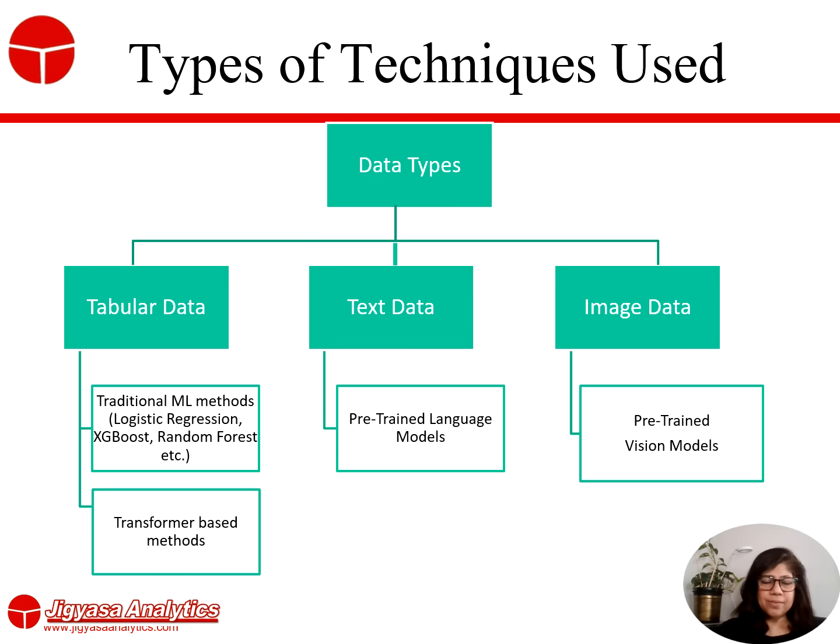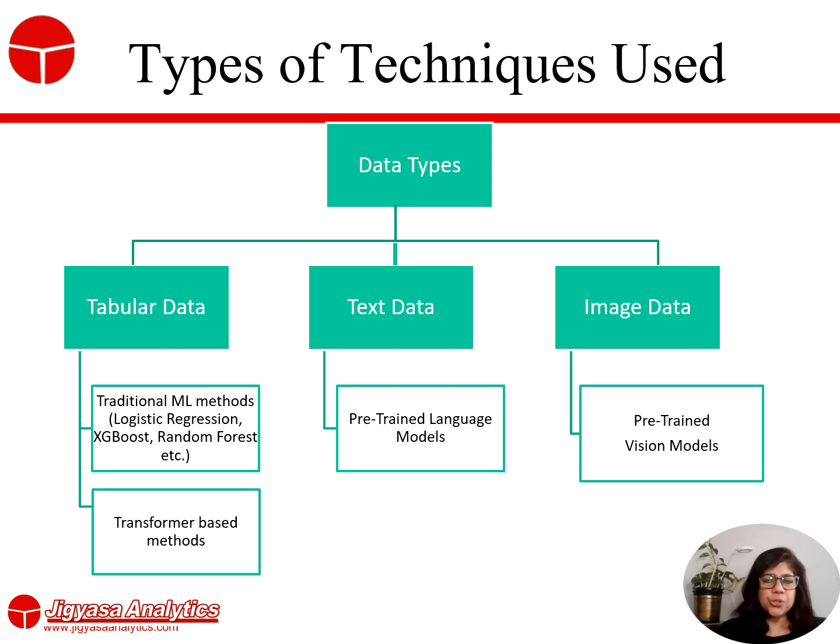We used many different types of methods to analyze our data. For the tabular data, we were able to use traditional machine learning methods such as logistic regression, XGBoost, random forest, etc. But we did not stop there. We also tried some deep neural network methods and transformer models that have recently worked well for this type of tabular data.